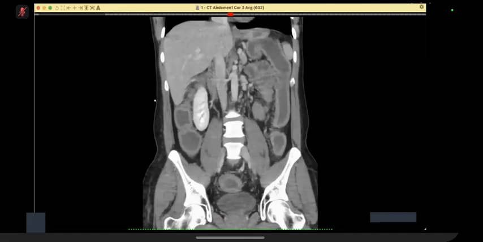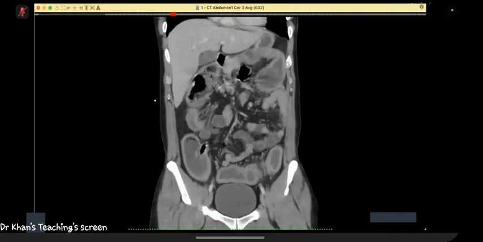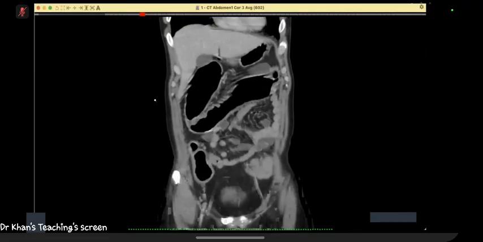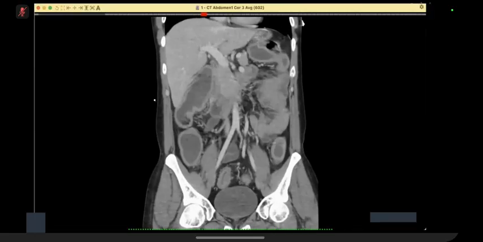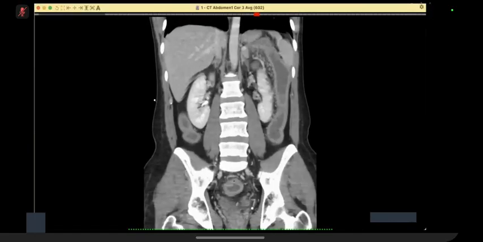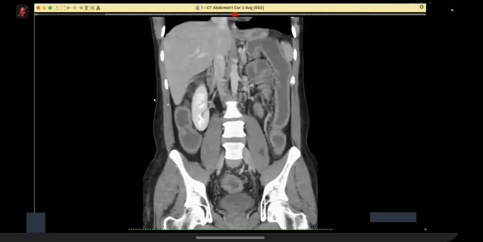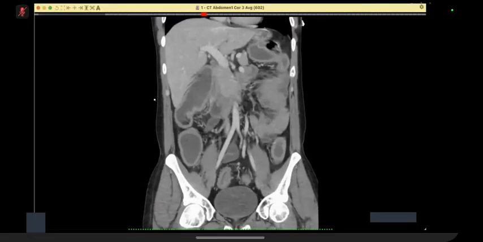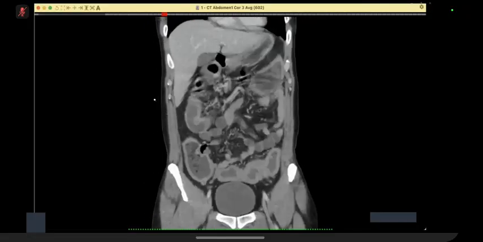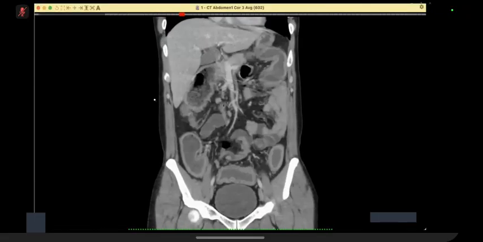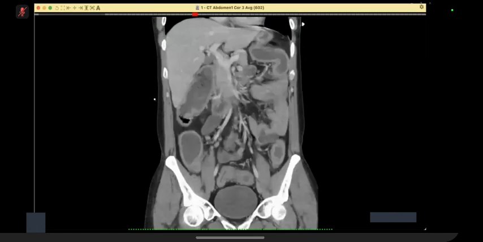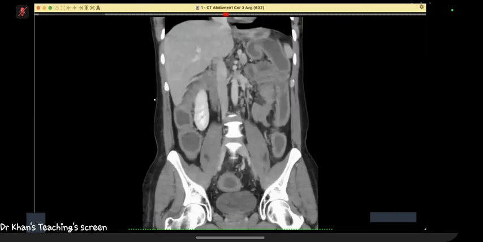I can see the edematous wall all over the colon. I think this is maybe ulcerative colitis. There is no obvious obstructive mass lesion seen in the colon, in the large bowel.